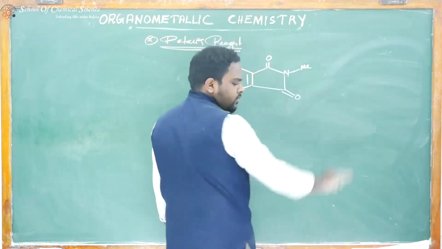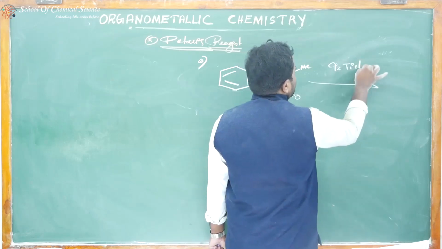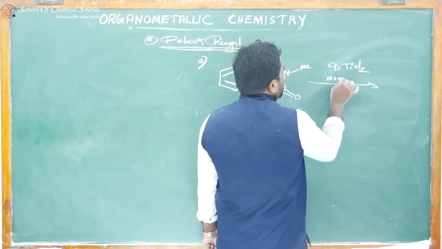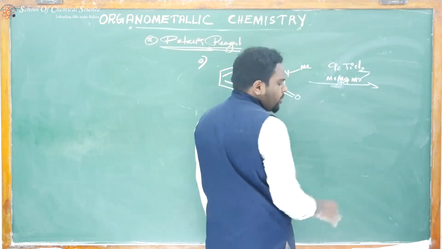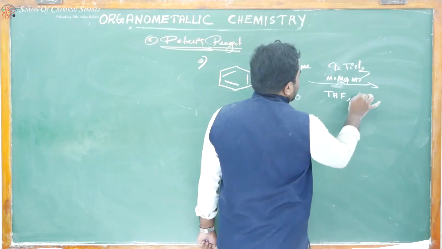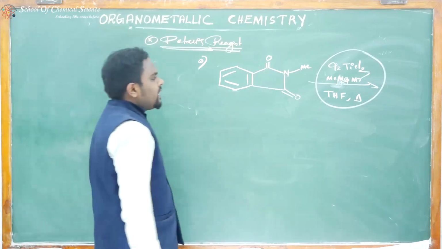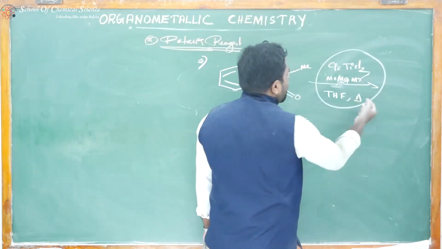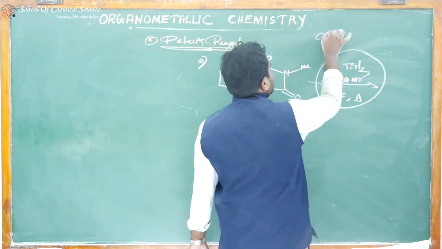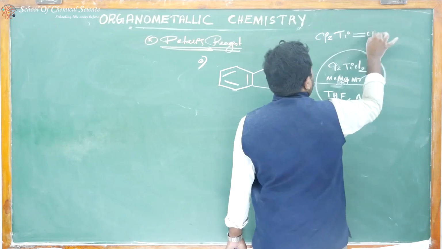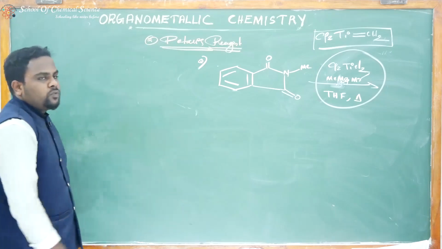This is NMe, on reaction with Cp2Ti. The Petasis reagent is not directly given. Instead, the conditions for its formation are given: Cp2TiCl2, methyl magnesium bromide, THF, 100 degrees Celsius. After all these steps, the active catalyst Cp2Ti=CH2 will be formed.